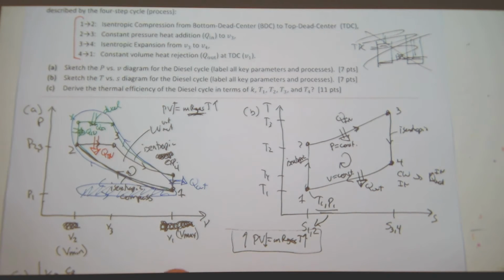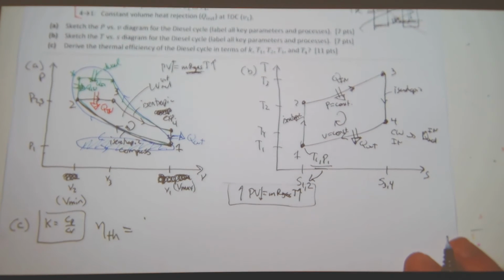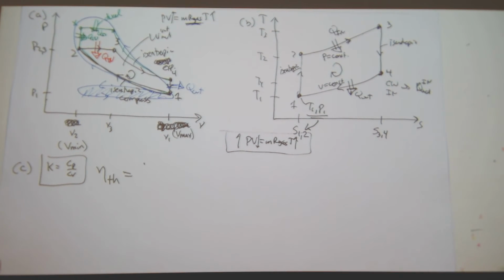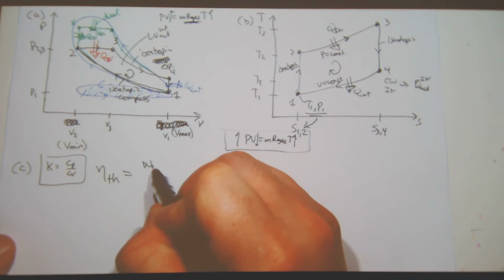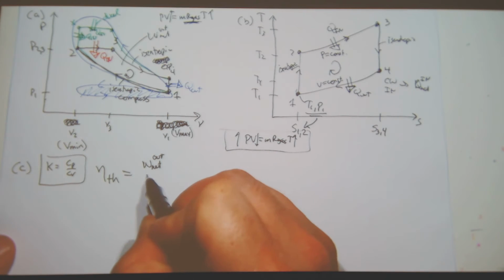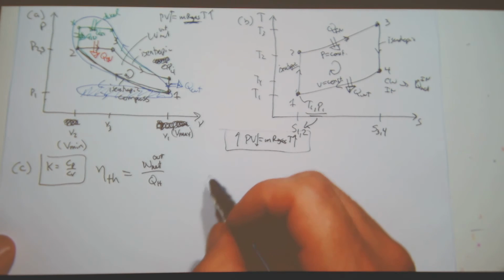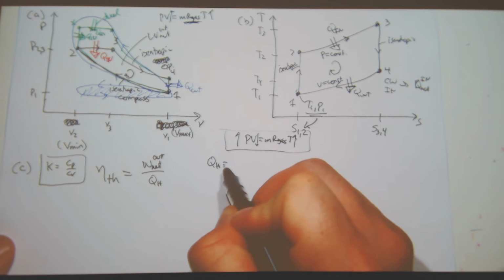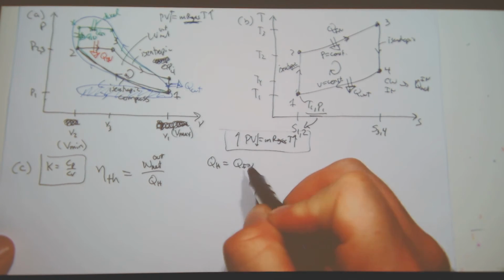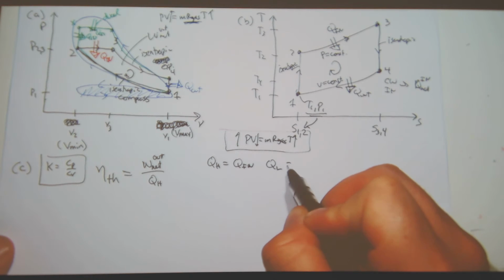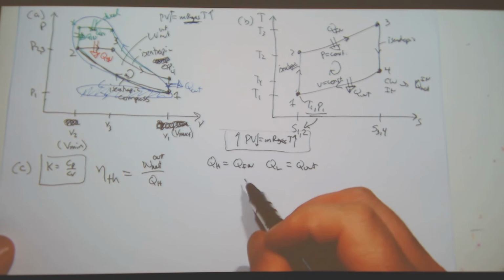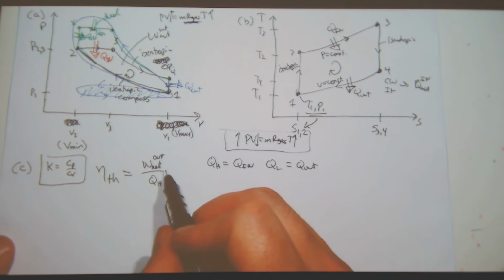Maybe I write this first, but in general I should have written: the thermal efficiency is equal to the net work out over QH. Now in this process, QH is equal to Q_in and QL is equal to Q_out.